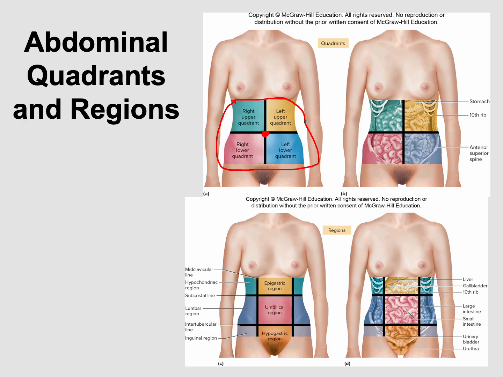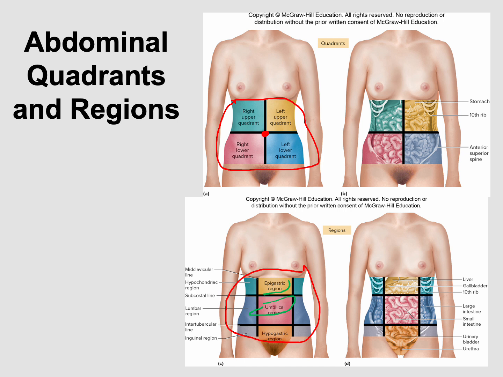Then in the lower picture you have another way to break down or divide the abdominal region, and right here there are 9 different regions. The middle region is called the umbilical region.